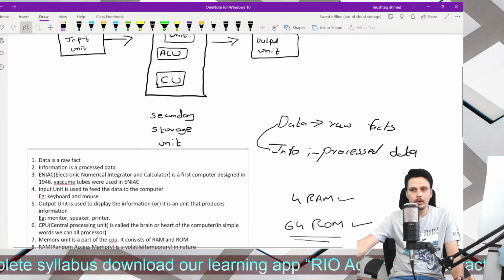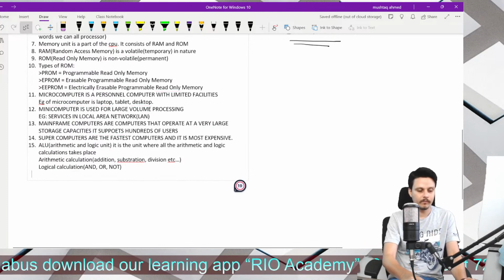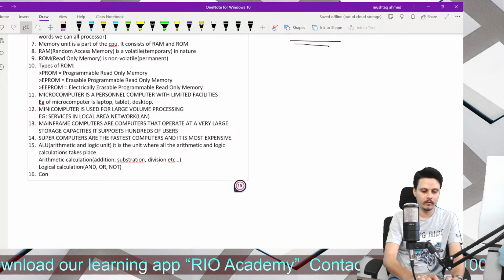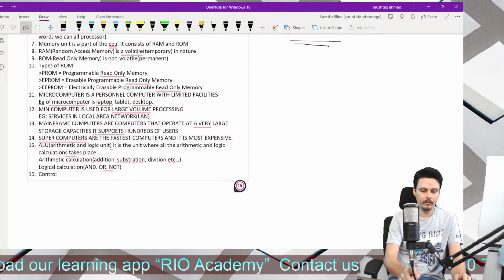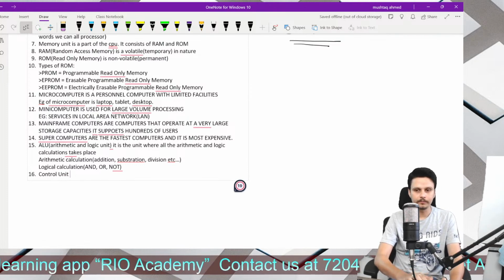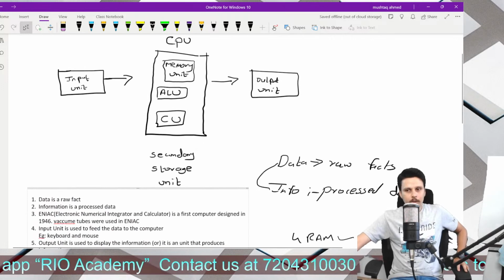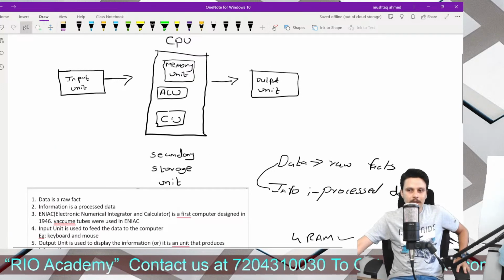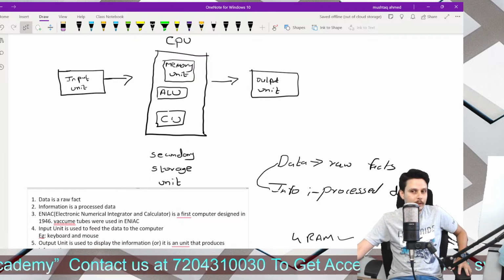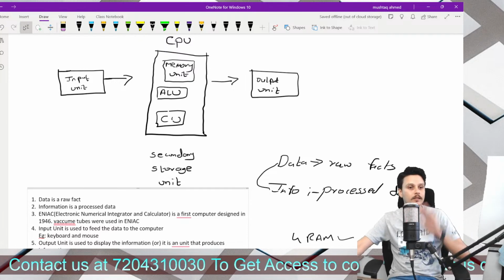Which is the next? Control unit. What does it do? As the name says, it controls the transfer of data from one unit to another unit, or it controls the transfer of data within the system.